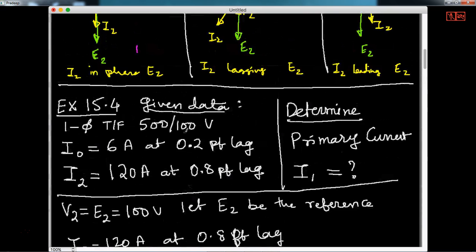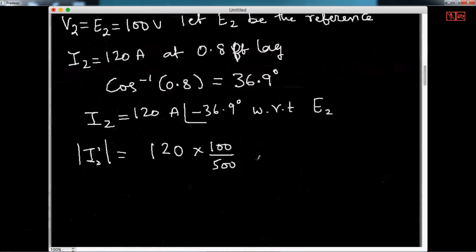So this is the factor that gives me that value. How much is this? 120 into 100 by 500 is 24 amperes. This is just the magnitude of I2 dash.